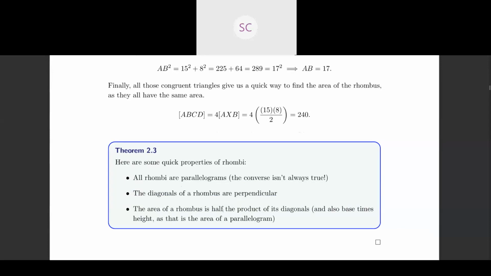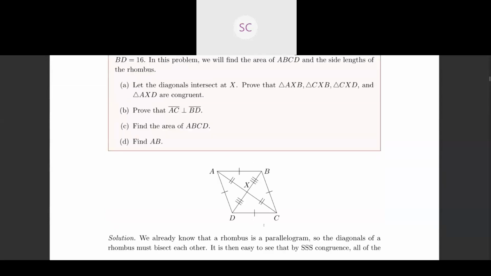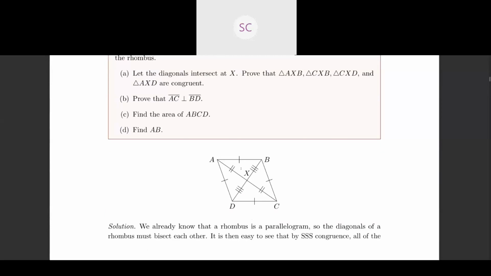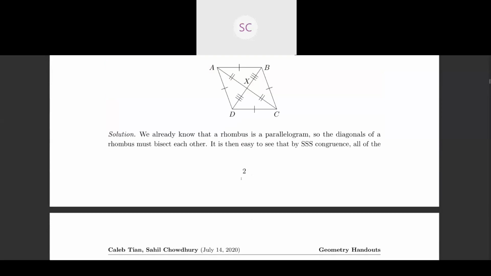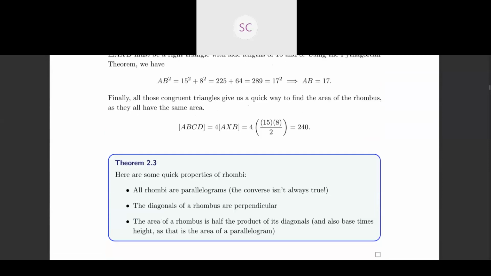And finally, the area of a rhombus is half the product of its diagonals. You can prove this by breaking it down into right triangles, and then you could pretty much do what we did for C, find a general form for a rhombus, and you'd find that it is half the product of the diagonals.